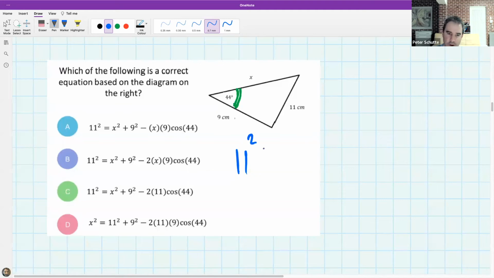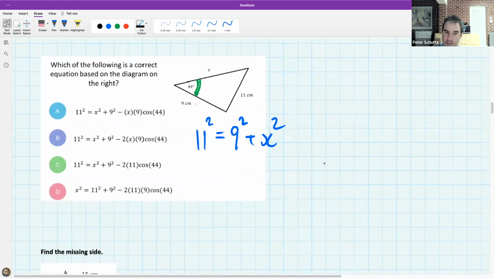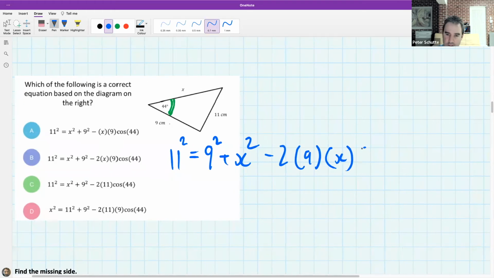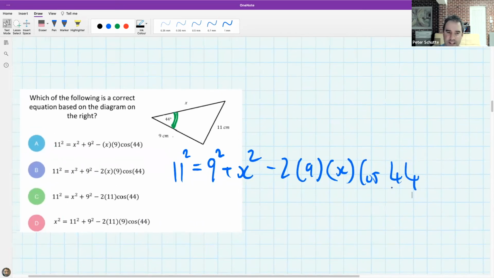And so if I was writing this out, I would write it out as 11 squared equals 9 squared plus x squared. And I'm not done there. Minus 2 times 9 times x times the cos of 44.